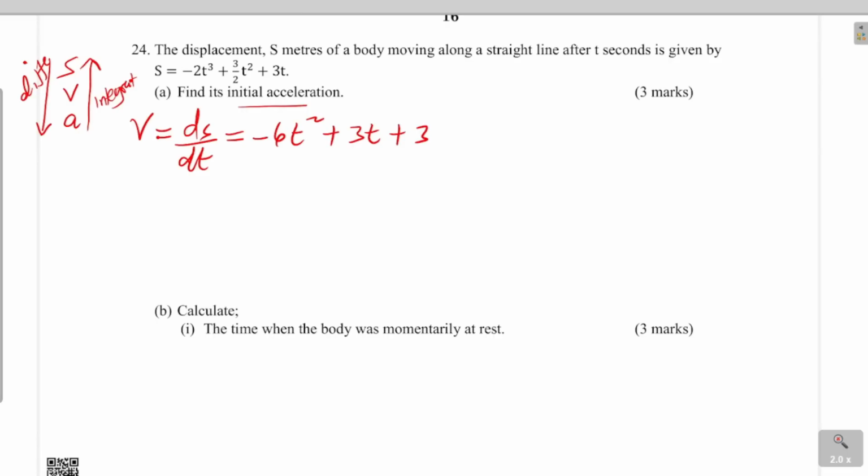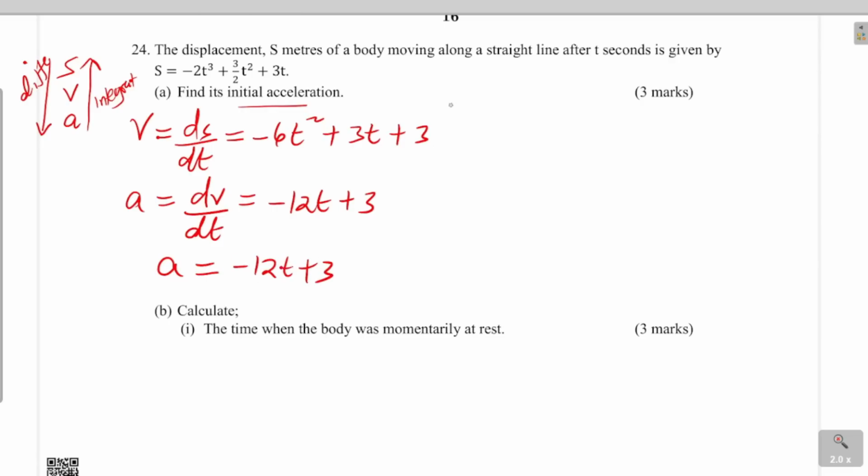That is velocity. Again, you differentiate velocity, dv over dt. Acceleration is the derivative of velocity with respect to t, and this will give negative 12t plus 3. So now this is acceleration, negative 12t plus 3.